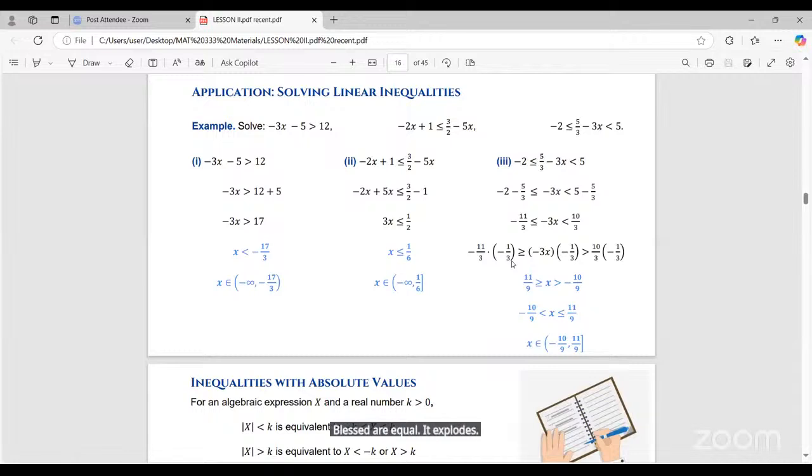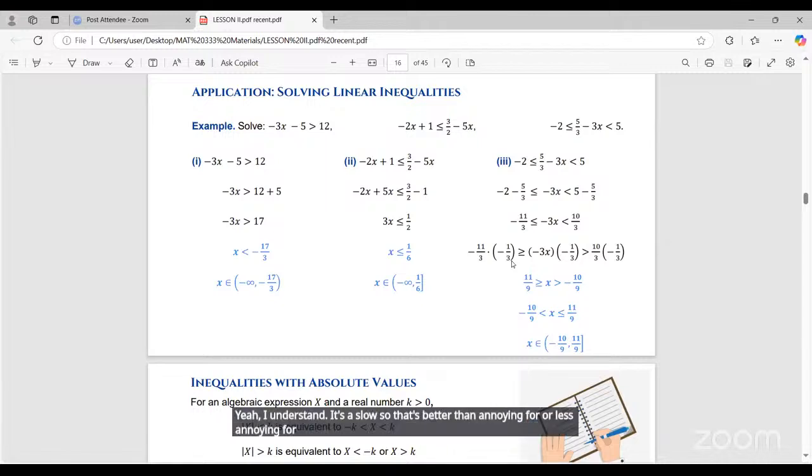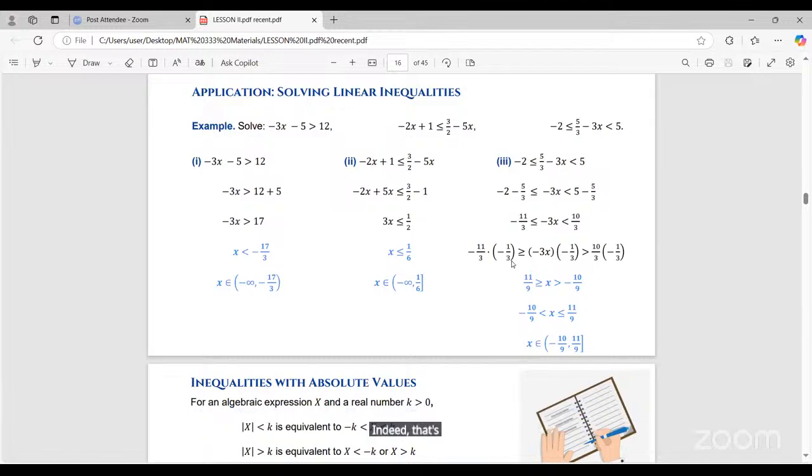Greater than or equal, it is closed. That depends on the particular position where it's open or closed. But the less than or equal symbol indicates that it is closed, while strictly less or strictly greater implies that it is open.